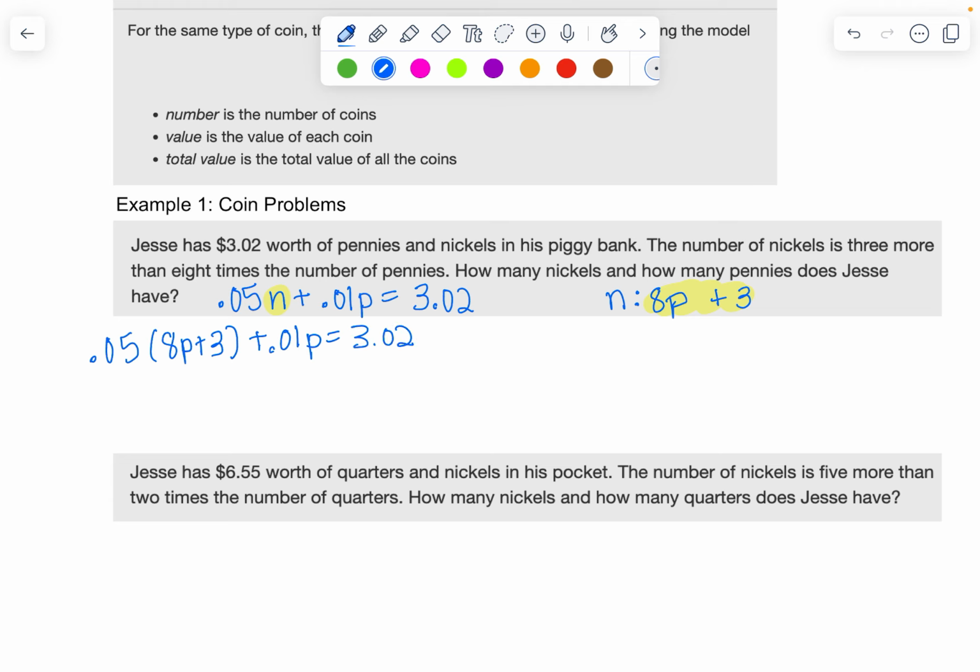And then if we simplify this, we're going to multiply both of these by 0.05, and that gives us 0.4p plus 0.15 plus 0.01p equals 3.02. 0.4p and 0.01p is 0.41p, plus 0.15 is 3.02.